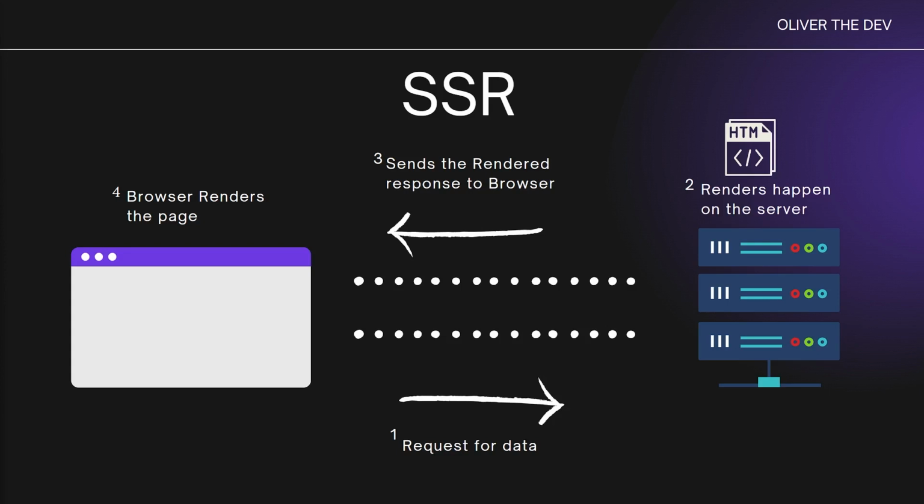So when it sends it to the browser, that content is already loaded, and it's easier for the search engine crawler to crawl through a website and find the words and content. So it's very SEO friendly. If you're using server-side rendering, you have a very high chance of getting better search engine results. So that's server-side rendering, and most server components follow this direction.